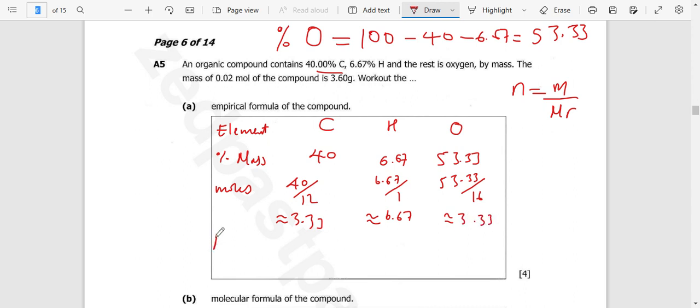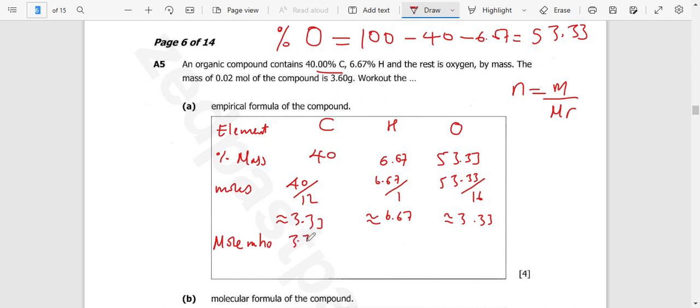The next thing you need to find is called the mole ratio. So for the mole ratio, you look at the smallest number amongst these. So which one is the smallest? 3.33. So these are the smallest. So to find the mole ratio, divide everything by 3.33.